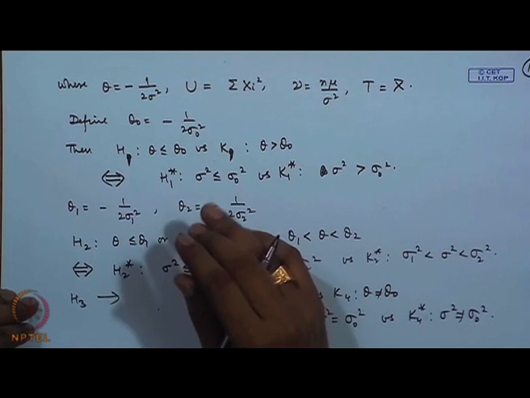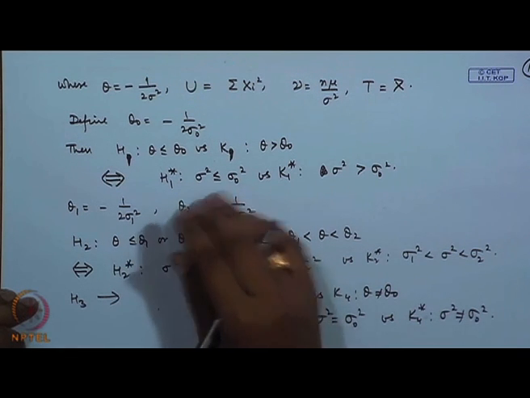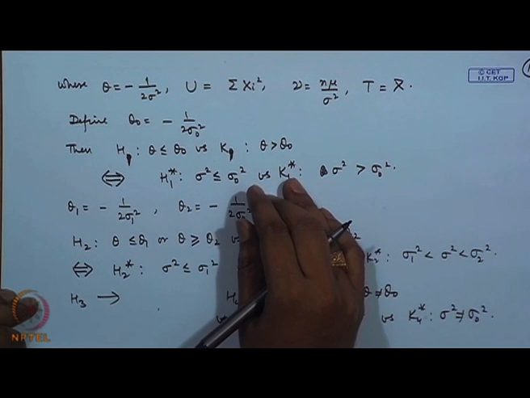I will consider it for the H1 versus K1 problem, and that will be applicable for H2 versus K2. It will also be applicable to H3 versus K3. However, there will be a problem if I consider H4 versus K4. So, in H4 versus K4, a new function which is a linear function of u has to be defined. We will demonstrate all of this in the following lecture.